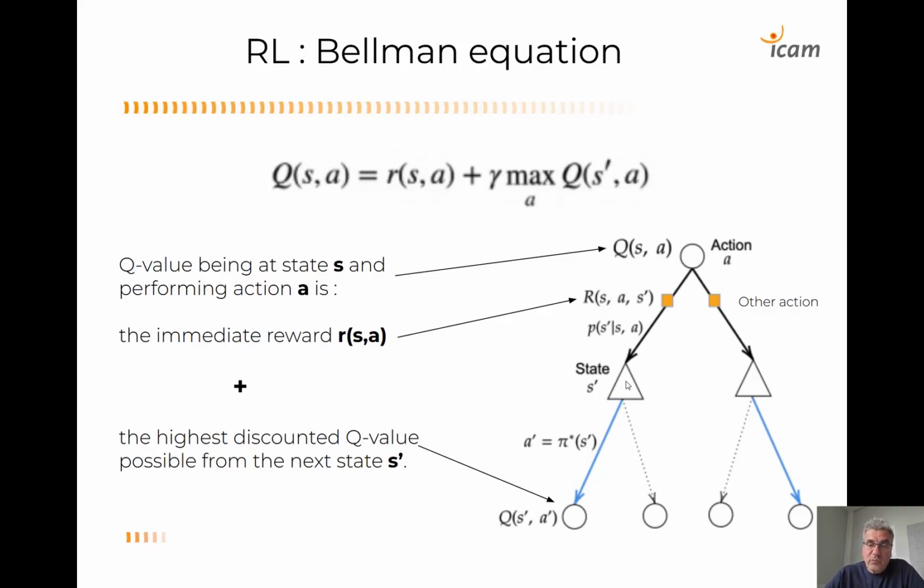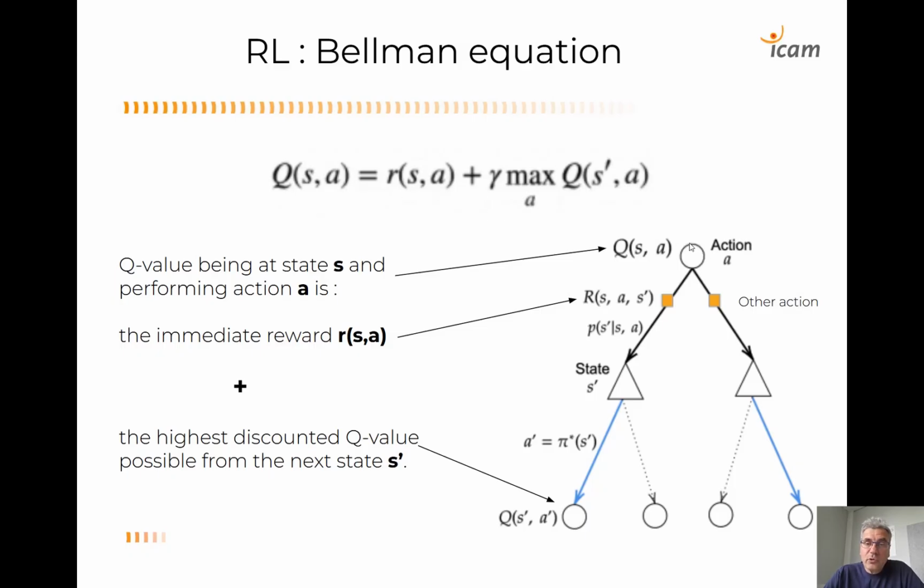So you are on state S prime, and when you are on state S prime, you have the choice between different actions too. Each of these actions from state S prime has a pre-computed Q value. When you are here, you will choose the action corresponding to the highest Q value. This is what the Bellman equation says.